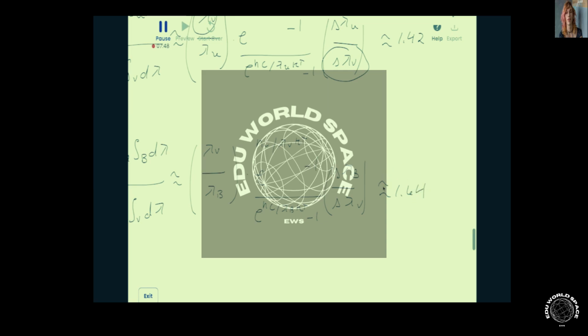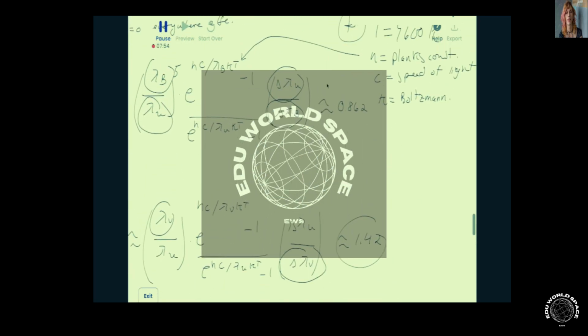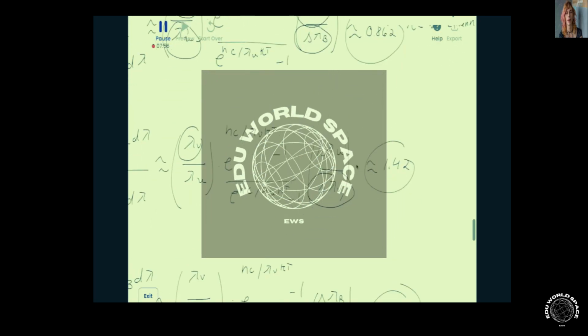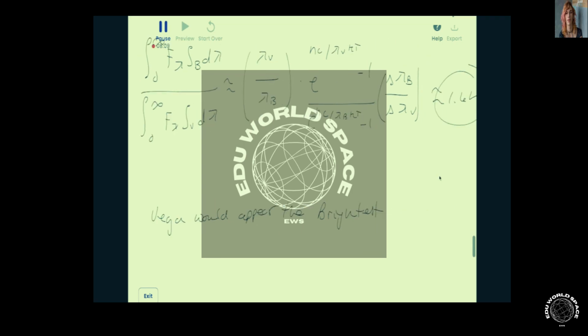So, what does that mean? Look at these values. It means that Vega would appear the brightest when viewed through which one?